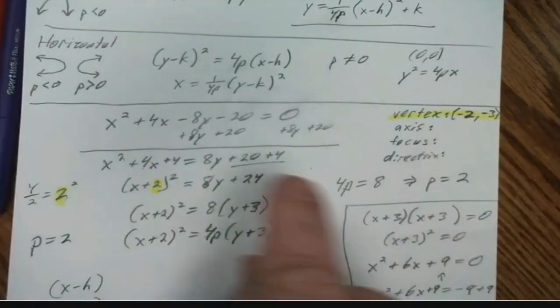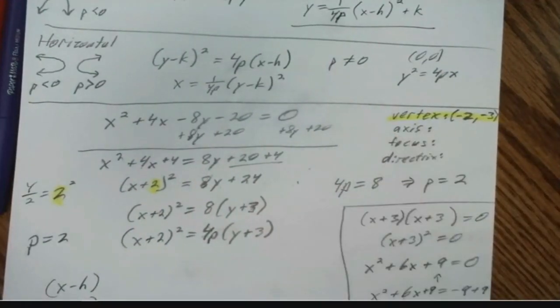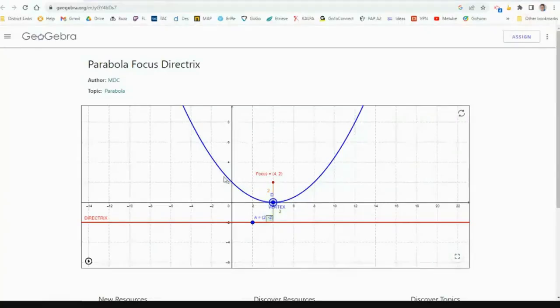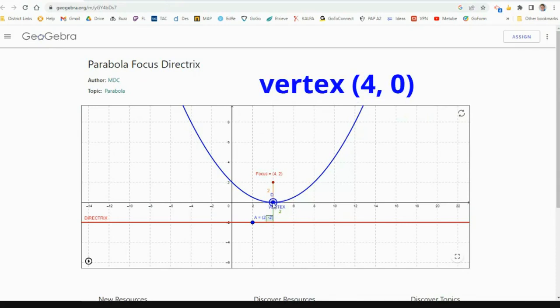What's the axis of symmetry? If we look back at the earlier example, it's the line in the middle that goes up and down and cuts the parabola in half, and it's always whatever the x coordinate is. That one was x equals 4, because the vertex is at 4, 0.